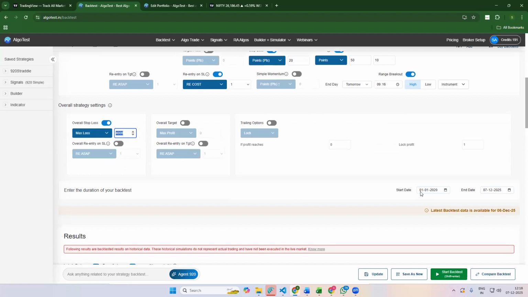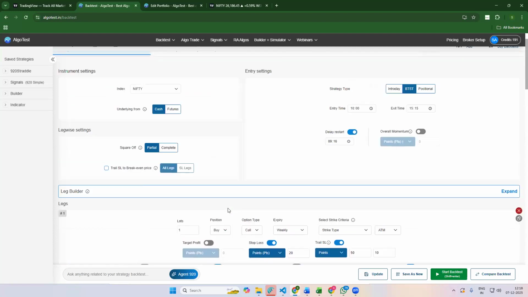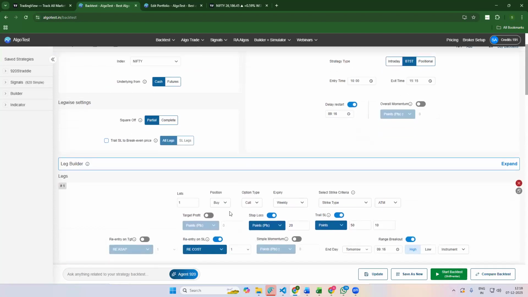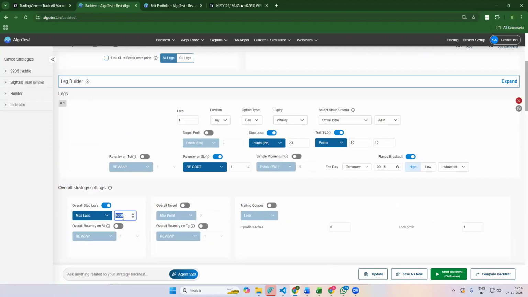And now we will backtest this strategy for the last 6 years. Should we start the backtesting? Why do we need the second stop loss, the 4,000 overall stop loss? This overall stop loss is for the case that there is any black swan event, then I don't want to lose my complete premium.